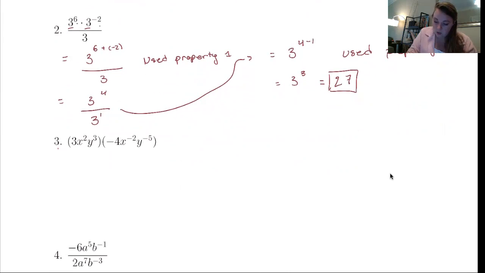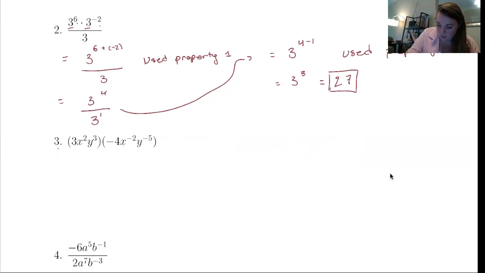These multiplication signs are just separating what we would call not terms, but factors. They're multiplied together. All right.